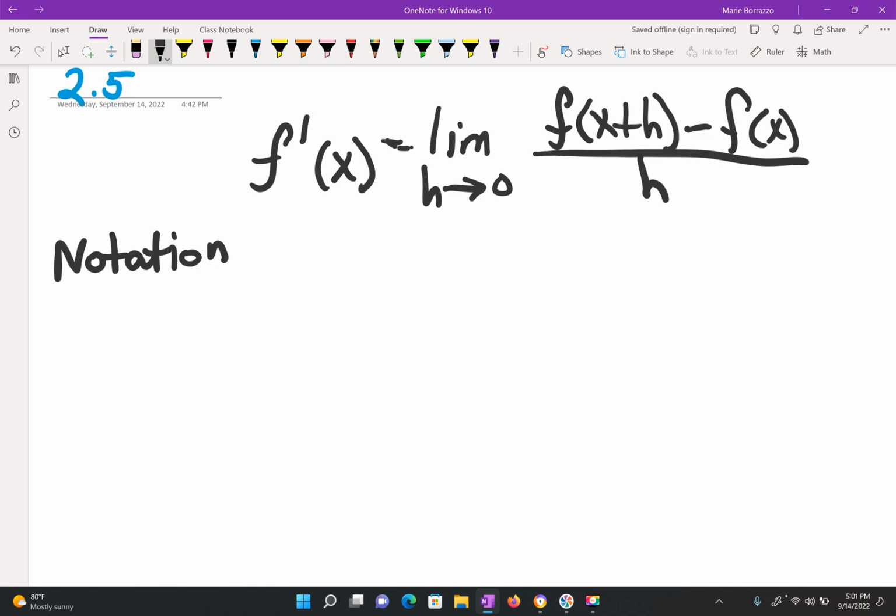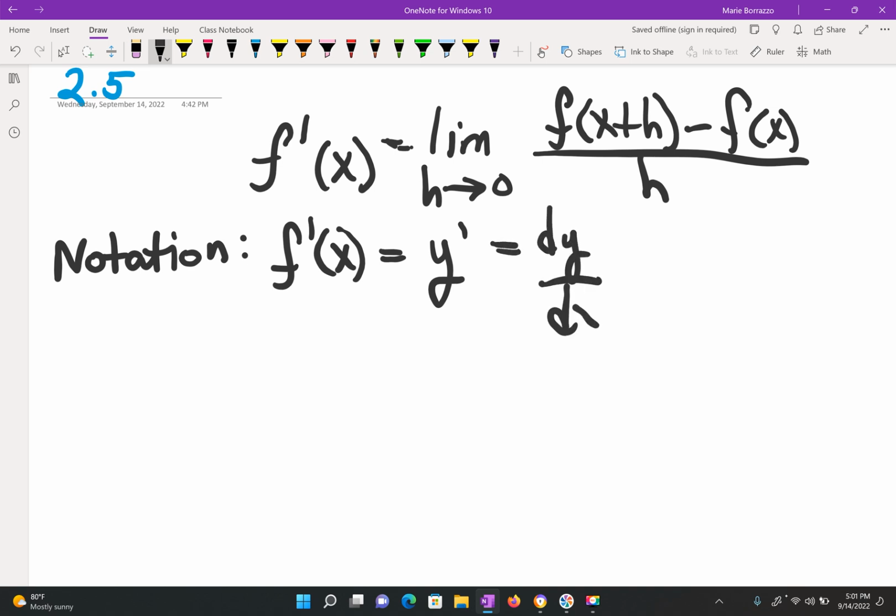I want you to remember that all of the following are ways we represent the derivative. The first one, obviously, f prime x. This is also equivalent to y prime. This is also equivalent to dy over dx. This is also written as d over dx of f of x.